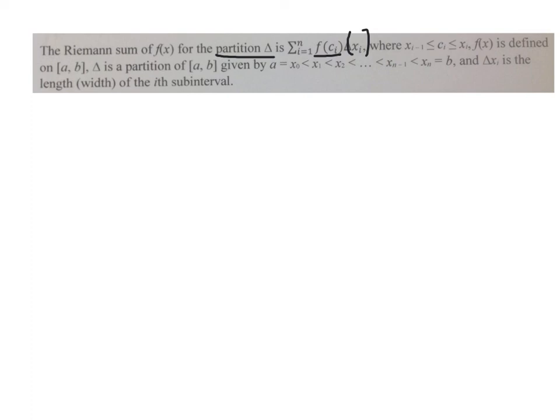But theoretically, the width does not have to be the same for all of the subintervals. So we say delta x sub i, where delta x sub 1, the width of the first subinterval, would be the difference between your x values, x sub 1 minus x sub 0. In our previous example, x sub 0 was 0, x sub 1 was 0.5, so delta x sub 1 would be 0.5.